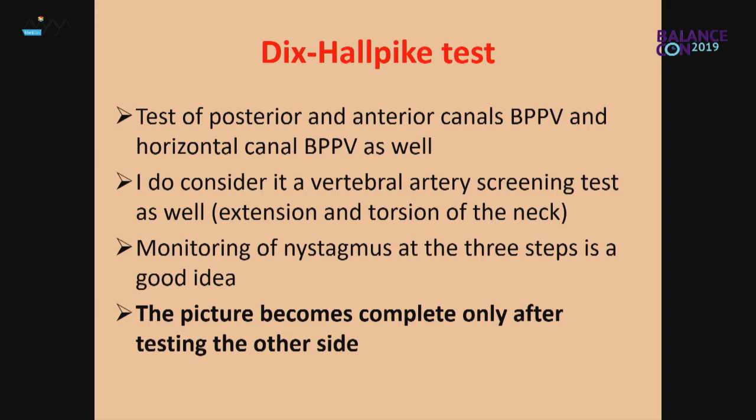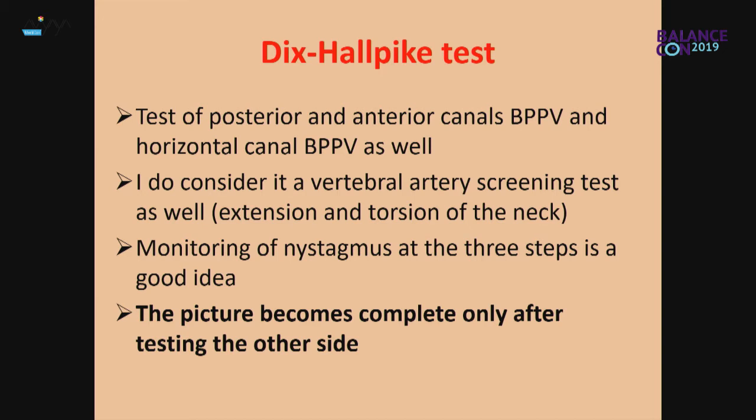So in most positions, even sitting in the neutral position, if you have horizontal canal BPPV, it can sometimes show what's called pseudo-spontaneous nystagmus. Leaning backward, bowing, head extension, Dix-Hallpike, head right, head left, all of these positions can stimulate the BPPV of the horizontal canal.